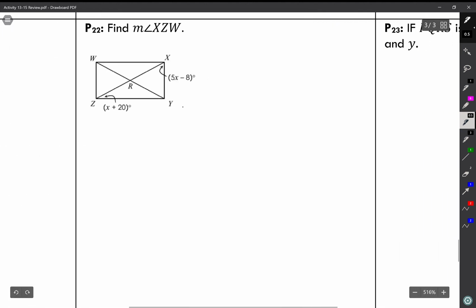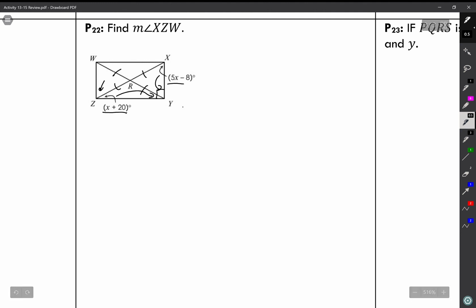Alright, this one, 22. Find measure of angle XZW. So this angle right here we're trying to find. But if I found this angle that's represented by x plus 20, I can then find XZW by adding them up and setting it equal to 90 degrees. So remember, we know in a rectangle these are all equal. So that means this is also x plus 20, and then this is also 5x minus 8, because those are both isosceles trapezoids, and those two also add up to 90.